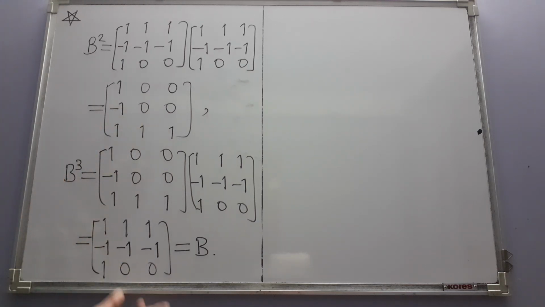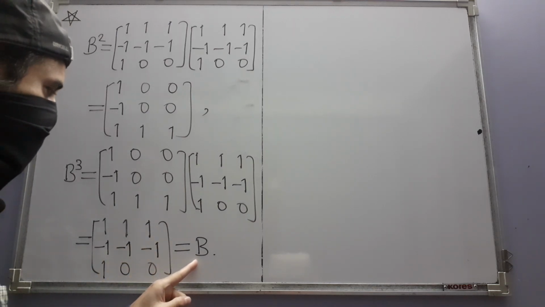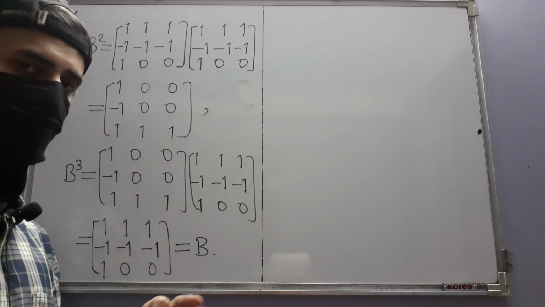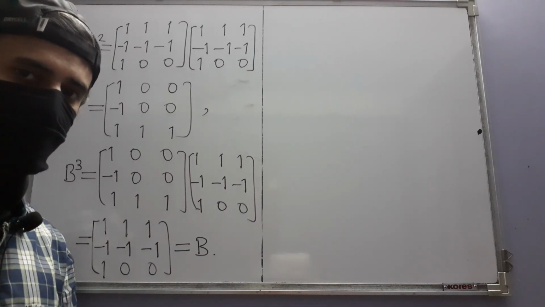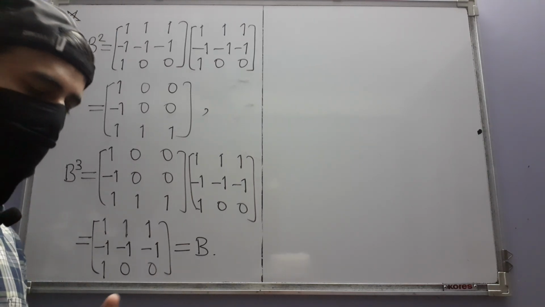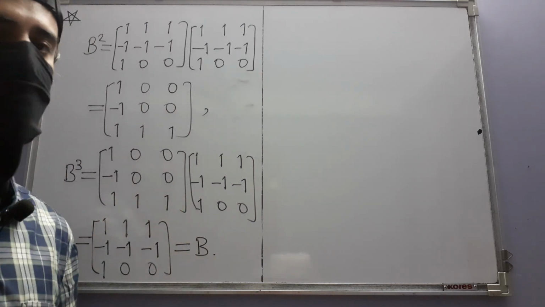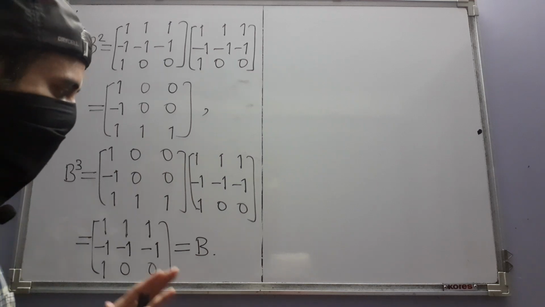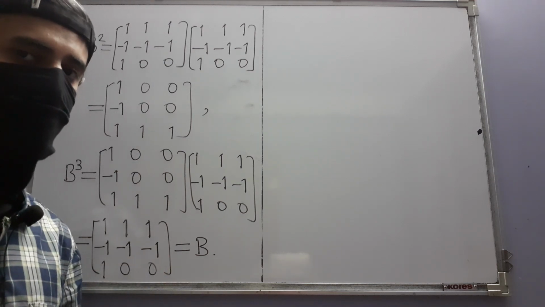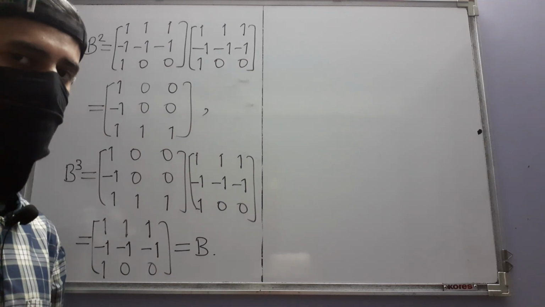Then B to the power 5 will be B cube times B square. B cube is B, and then B times B square again gives B cube, so again you get back B. So you just keep cycling with these powers only. You do not have any chance of getting 0, no matter how large a power of B you consider.